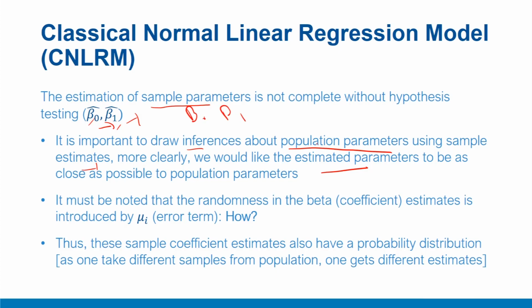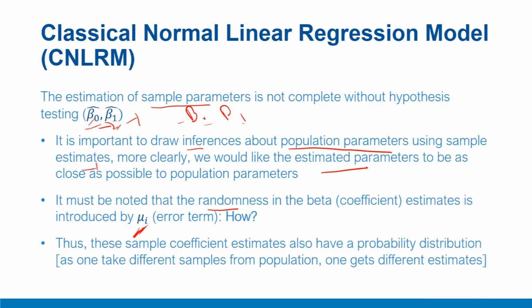Please remember why they differ: in repeated samples, beta naught hat and beta 1 hat will be different because the error term introduces randomness in the model, and because of that the estimates are not the same as population parameters.